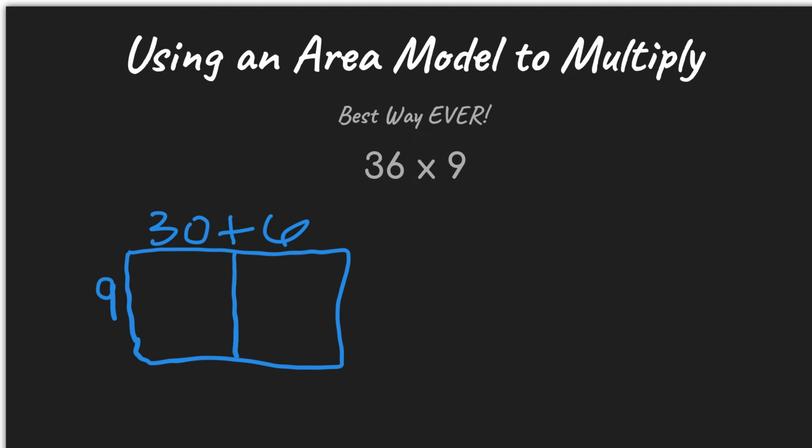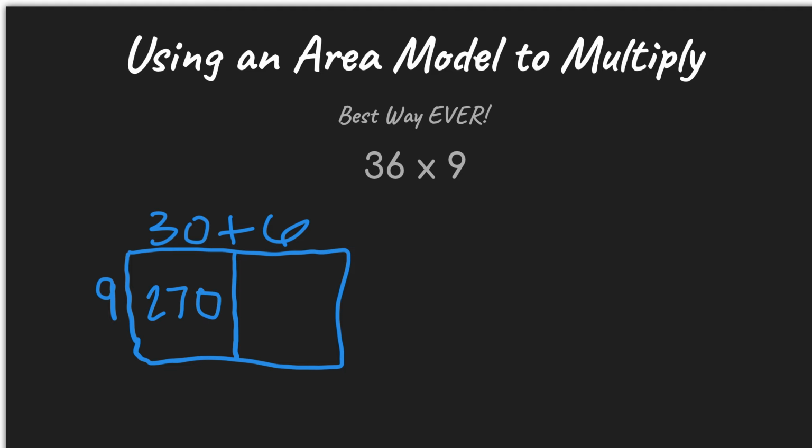And then whatever meets in this area, you're going to find the area of this box and the area of this box. Well, area is length times width, so I'm going to do 30 times 9 to get right here. And then over here, if I follow my fingers, I'm going to do 9 times 6 to get over here. If you watched the patterns video before this, you know when I do 9 times 30, I could do 9 times 3 first and get 27.